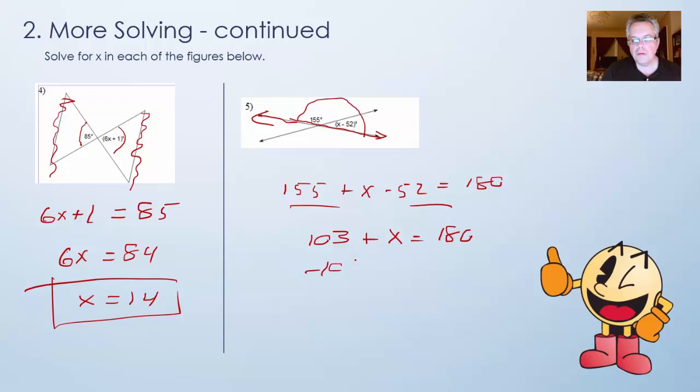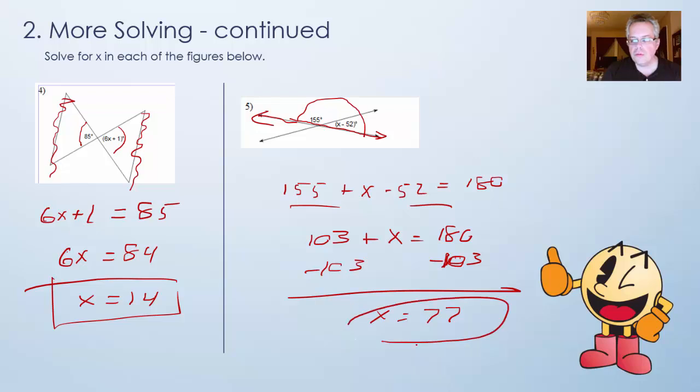And if we subtract 103, we get x equals 77. So there should be 103 there. Okay, super duper. Hey, even this guy likes it. All right, so we just have to pay attention. Are they vertical angles or a linear pair? And then set up the equation.